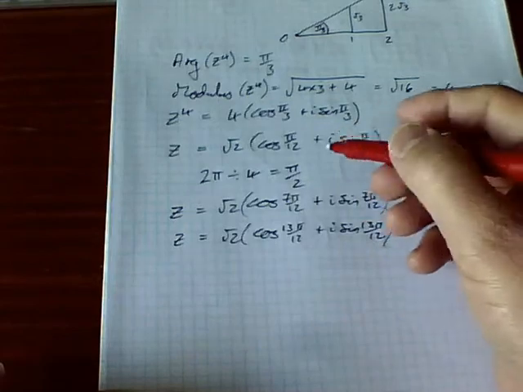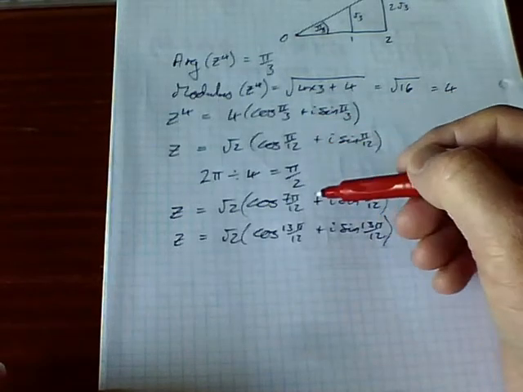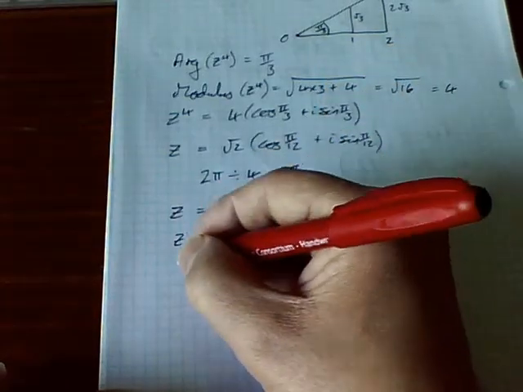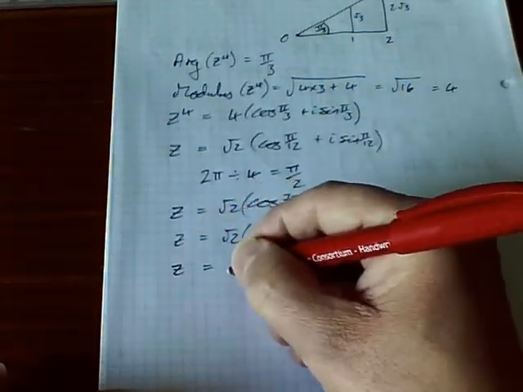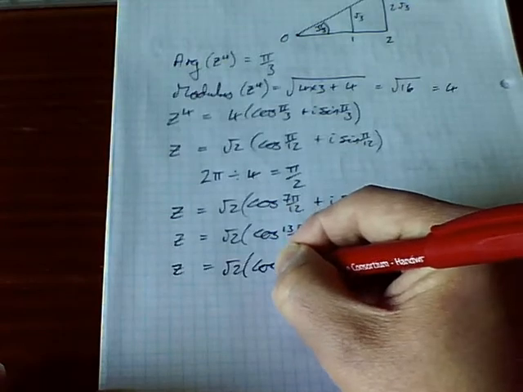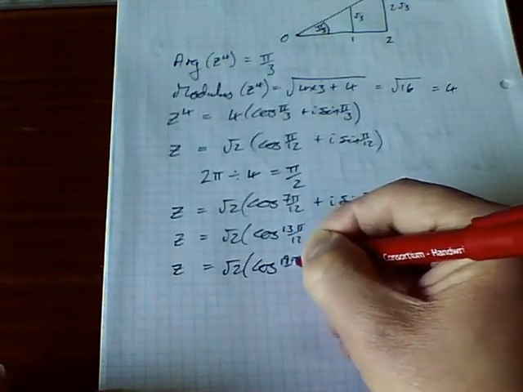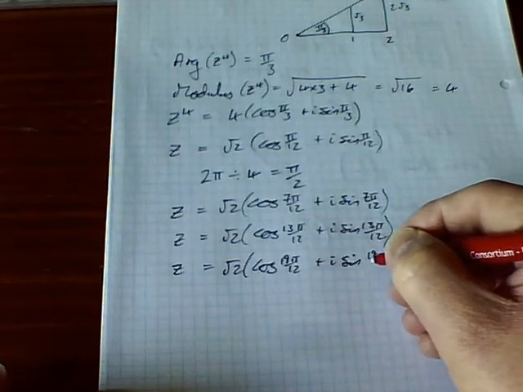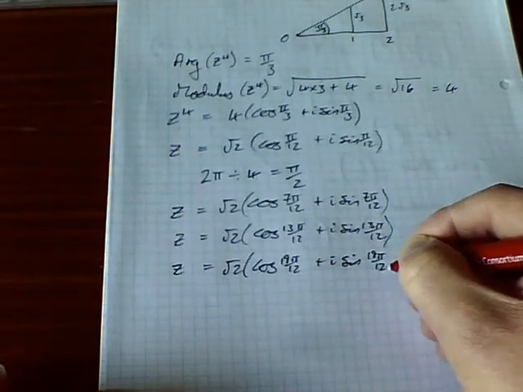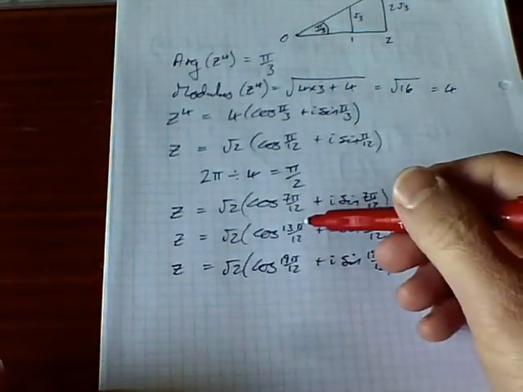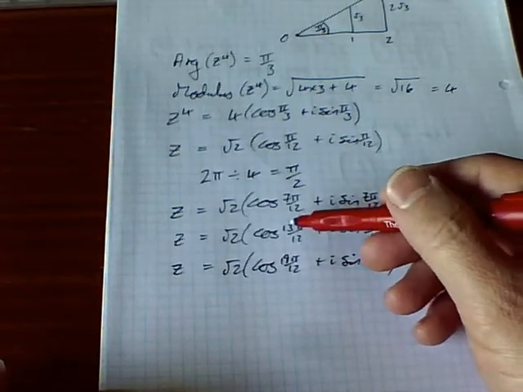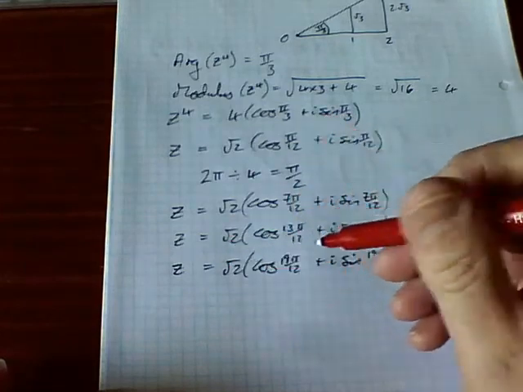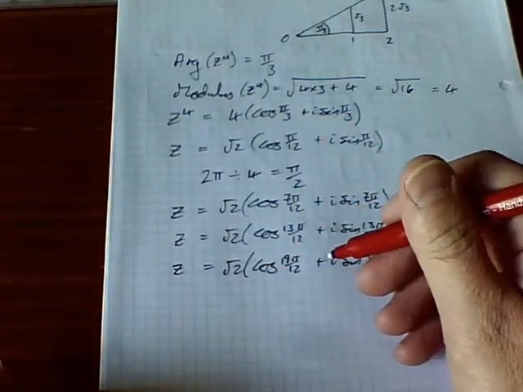So we've got the first point here, then the next one, and then the next one, adding pi by 2 each time, and then the last one is root 2 cos 19 pi by 12 plus i sine 19 pi by 12. Now, many people prefer to count these as negative angles, but I've always preferred to work round them in 0 to 2 pi unless the question tells me otherwise.